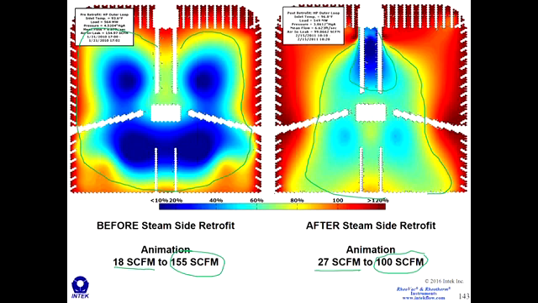And so not only is this condenser performing better even from the low air in-leakage standpoint, it is also performing better from the standpoint of air in-leakage immunity. This condenser can handle up to 100 SCFM without appreciable excess back pressure.